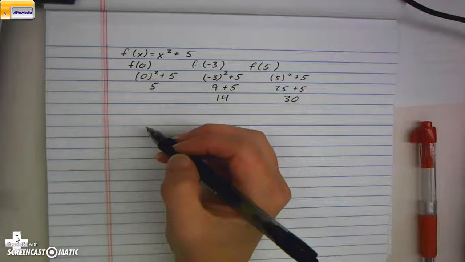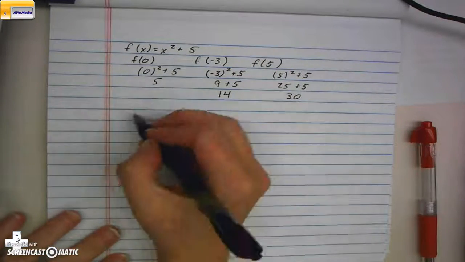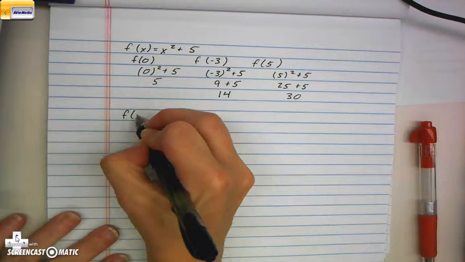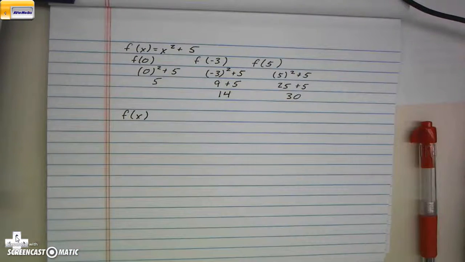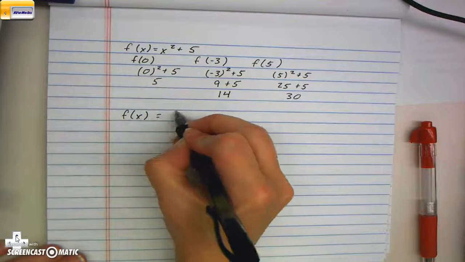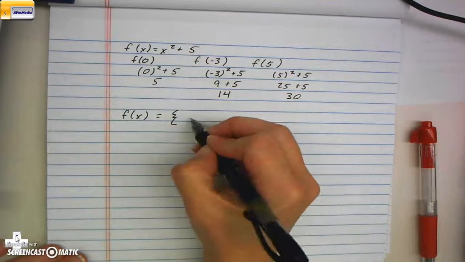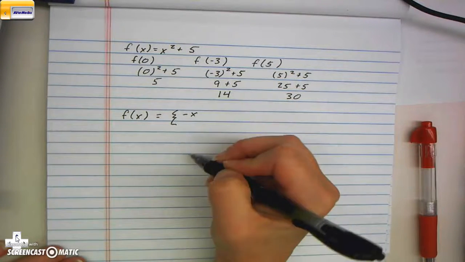Right, a piecewise function is a new type of function, and it happens in a lot of instances in science when things change as a value gets very large. So for the first example I have f of x being two different functions.